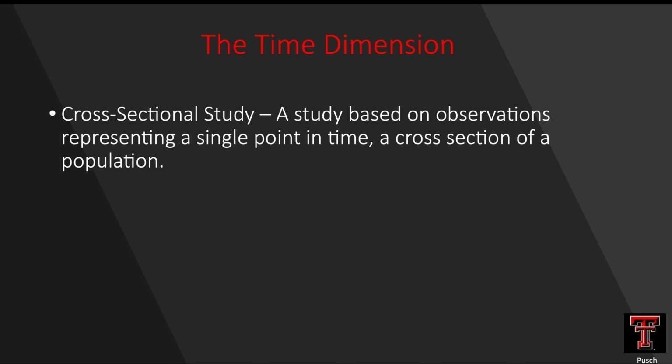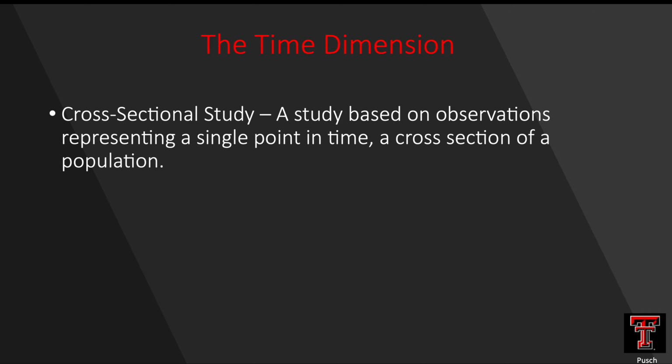Okay, so last thing we're going to talk about is the time dimension. Very important when you're reading social research. You will not have time to do a longitudinal study. Longitudinal studies are very difficult to do. You'll see in a second when we talk about them. So you will be doing a cross-sectional study for your project, which is totally fine.